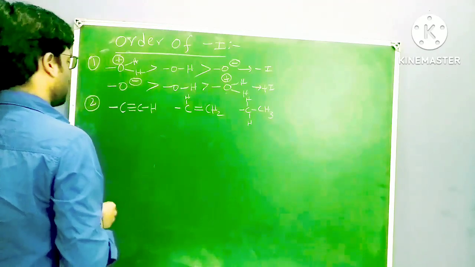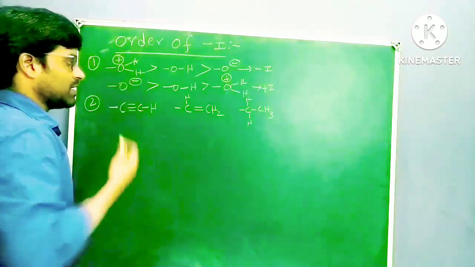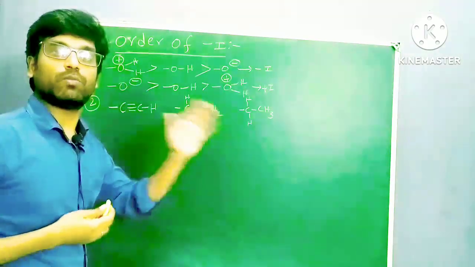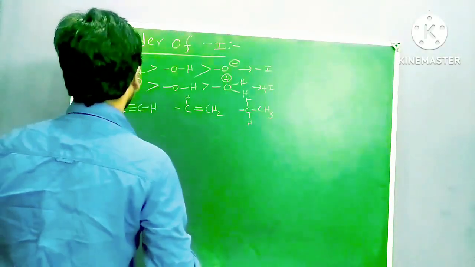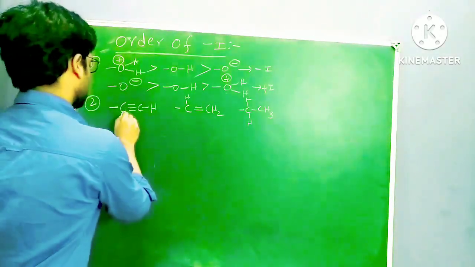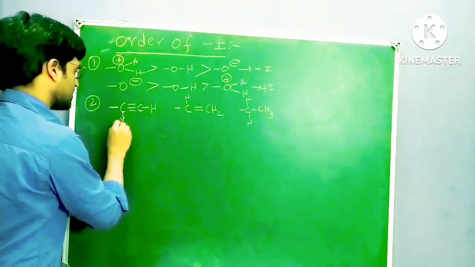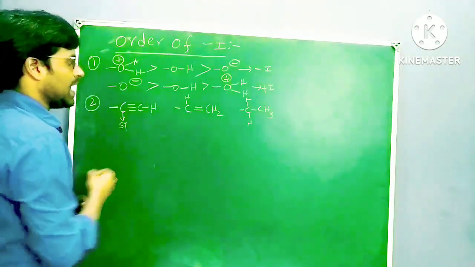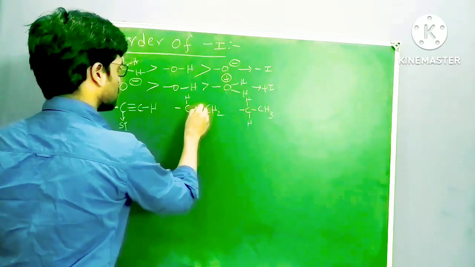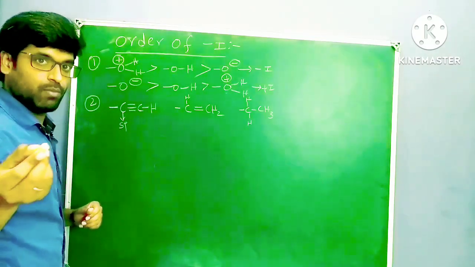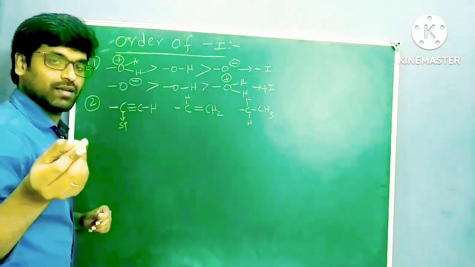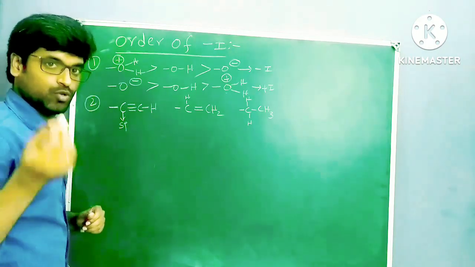Right? Now how can you compare? Which group will show more minus I? That's the question. Here if you see, this atom is sp hybridized carbon atom, and 1 2 3, you have to count only sigma bonds whenever you are finding hybridization, you know this.